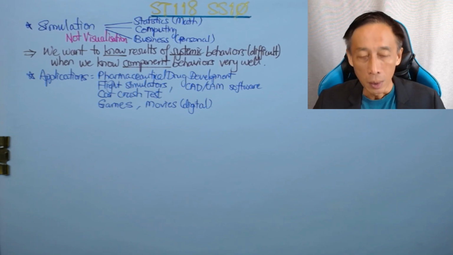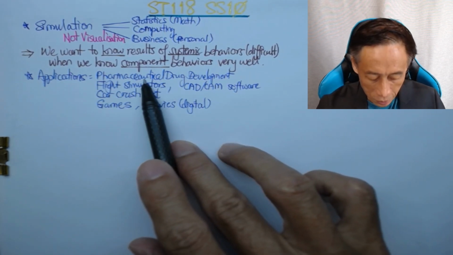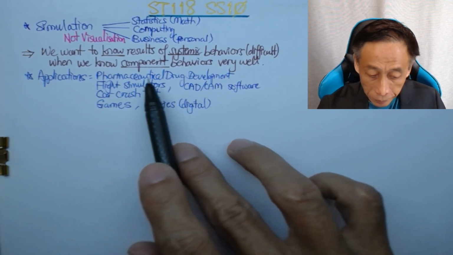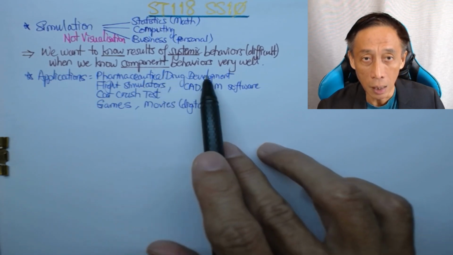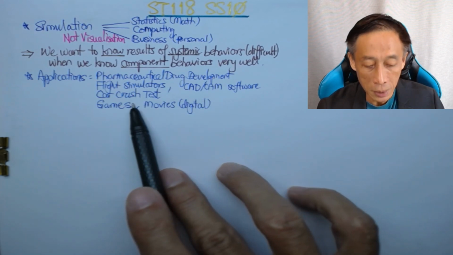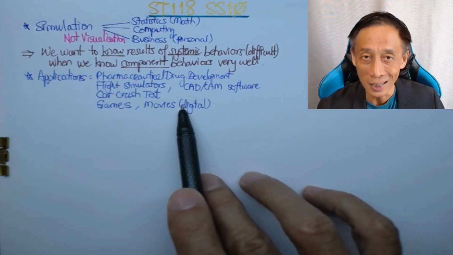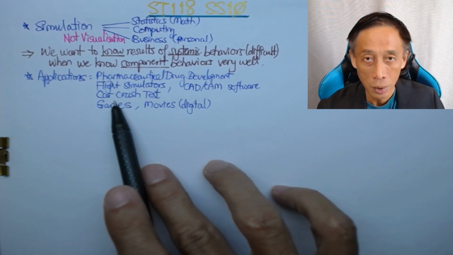Okay, so all these are not just for fun, right? For pleasure, but they are about life and death, right? They are about profitability. They are about whether a successful business venture can happen or not.